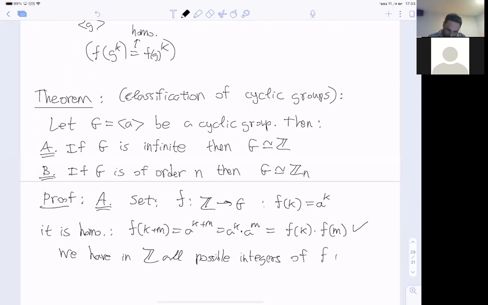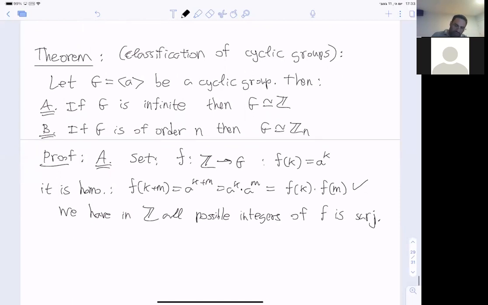So F is surjective, and of course, once you know what is a^k, then you know what is k. Why is it true that it is injective?